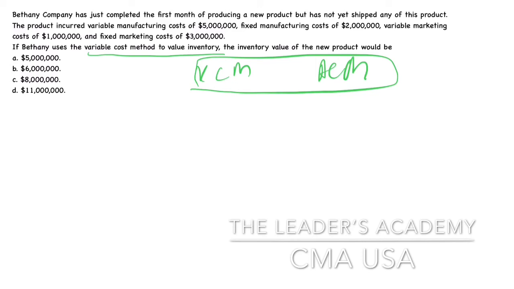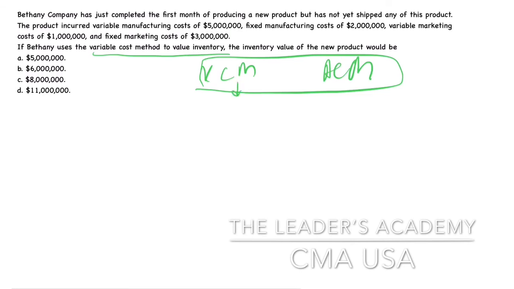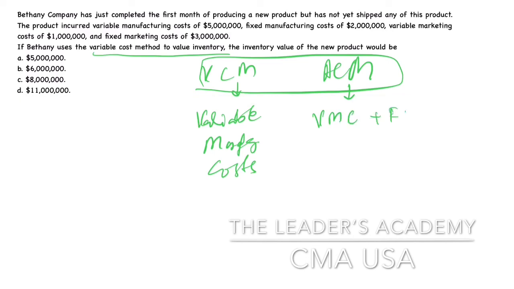For this question, see, the variable cost method includes only variable manufacturing costs, and the absorption cost method is going to include both variable manufacturing cost plus fixed manufacturing costs. Now you see we have variable manufacturing costs. Should I take the fixed manufacturing cost?